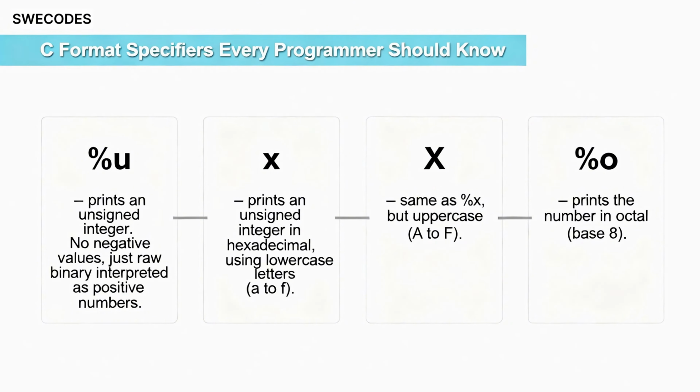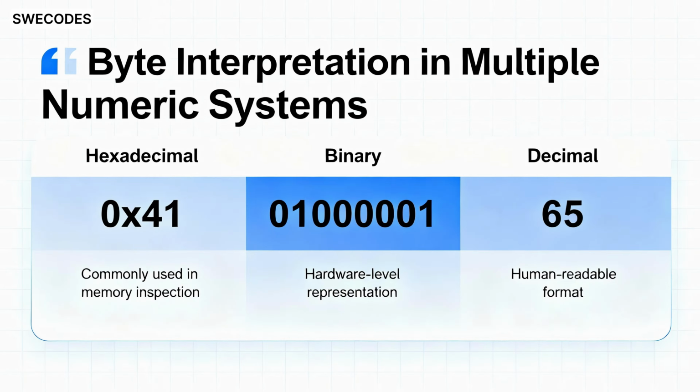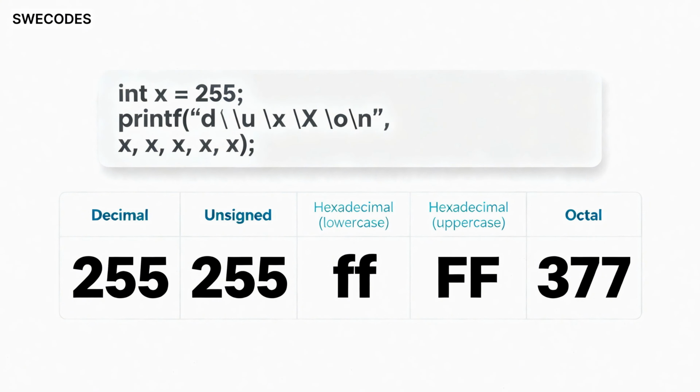These are crucial when debugging, inspecting memory, or working close to hardware, because you're often interpreting the same bytes in different numeric systems. For example, int x = 255; printf("%d %u %x %X %o\n").